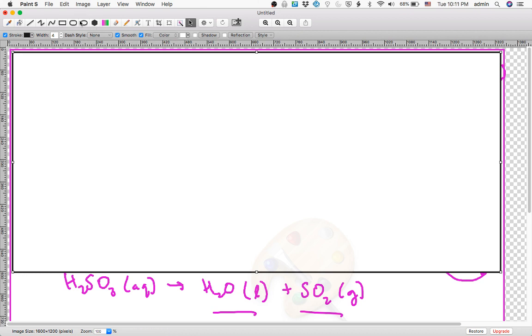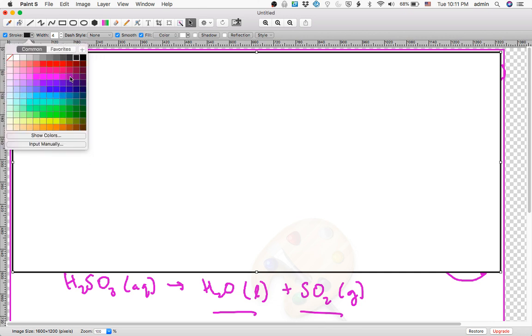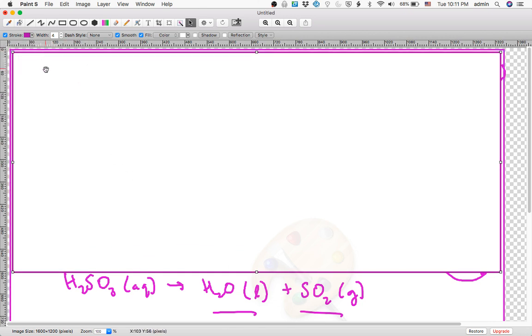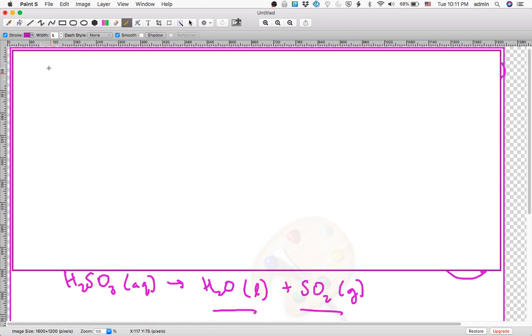If you form sulfurous acid as a product, you must immediately decompose that to water and sulfur dioxide gas. Also, if you ever form ammonium hydroxide as an aqueous product, you will have to erase that immediately, and in its place write ammonia gas and water.